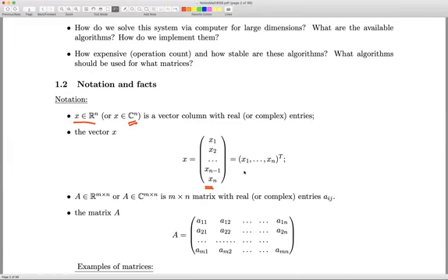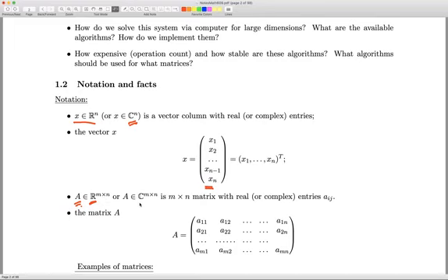Sometimes we will write the vector as a row vector, and then we'll write T, which means the transpose of that vector. The matrices that we're going to deal with will be mainly matrices with real entries. And here A is written as a matrix of dimension m times n, which means m rows and n columns.